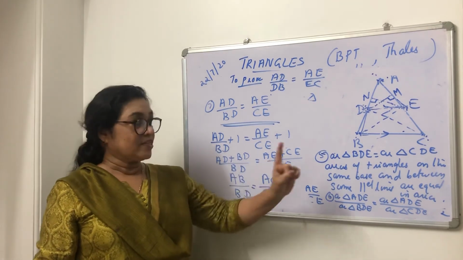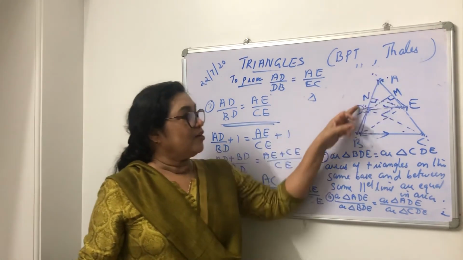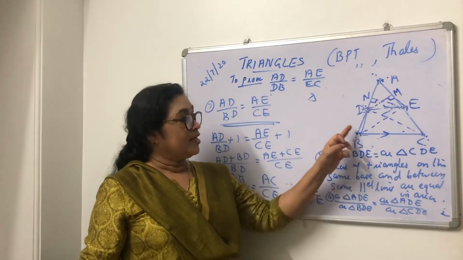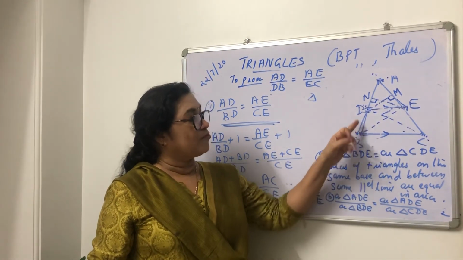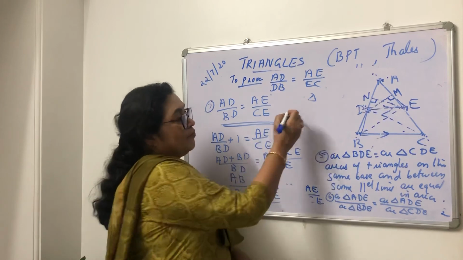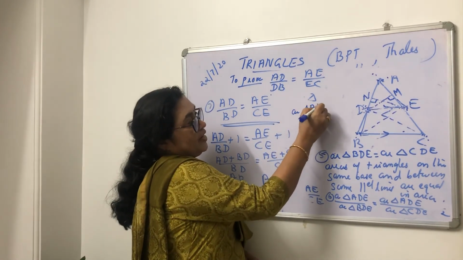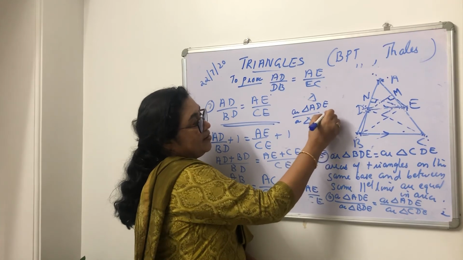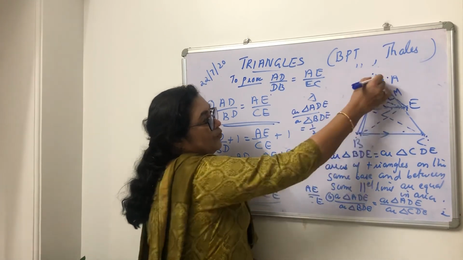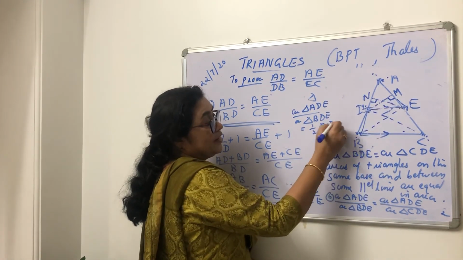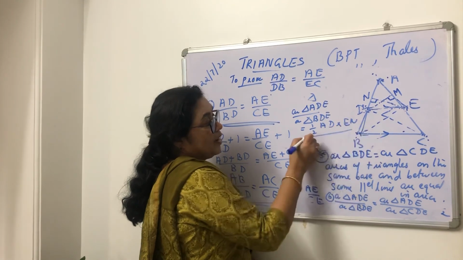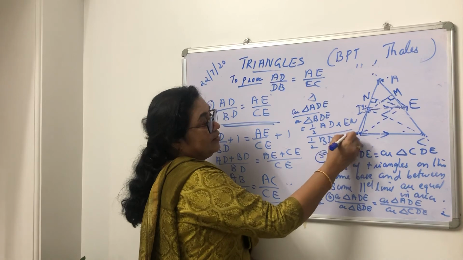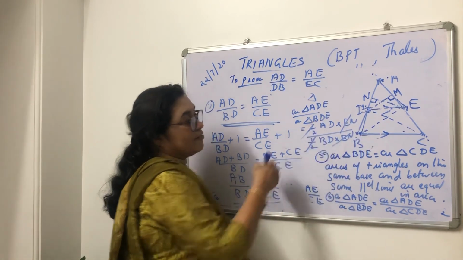I hope, once again I will tell you, area of ADE is half of AD into EN. Area of BDE is equal to half of BD into EN. When I am taking area of ADE by area of BDE equal to half into AD into EN by half into BD into EN, this EN cancels, half and half cancel.